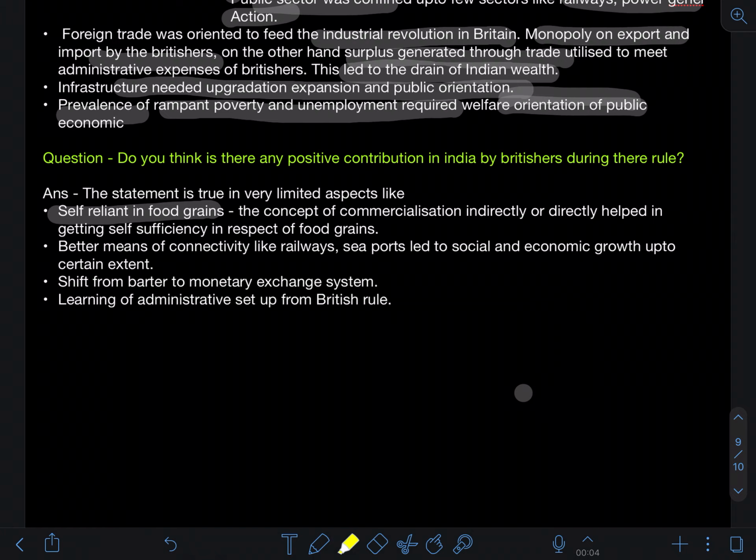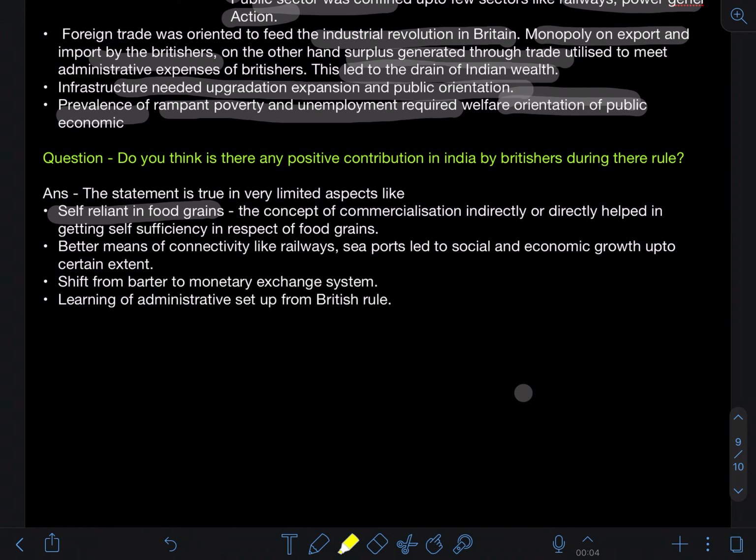If you remember, in my previous video I explained what commercialization is. Just for a recapitulation, I would explain it in brief: commercialization is basically helping you to take your product to different markets. That was introduced by the Britishers with the help of the connectivity that we gained through the infrastructure, that is railways.